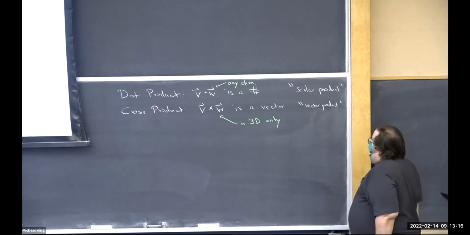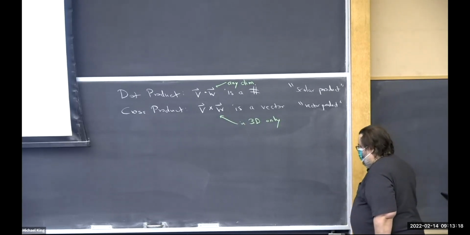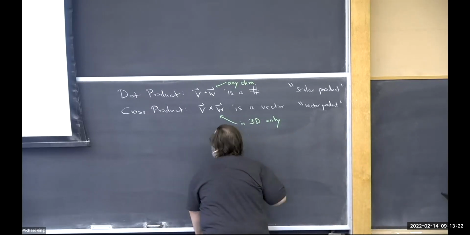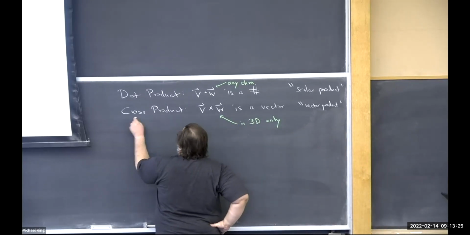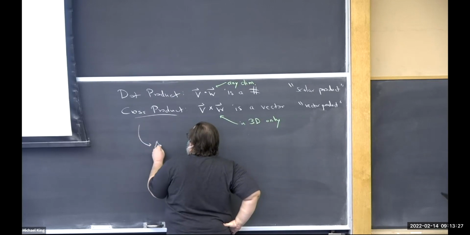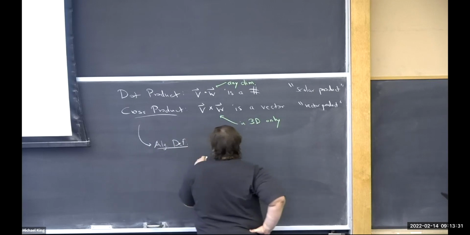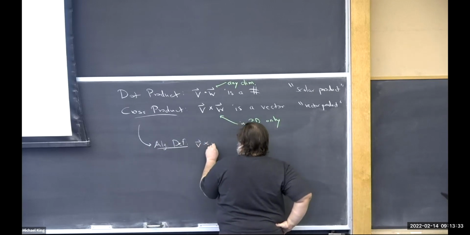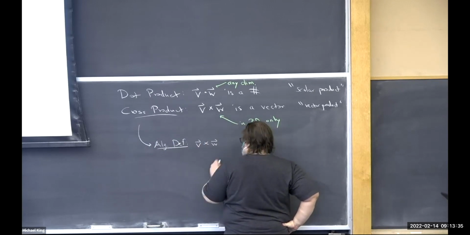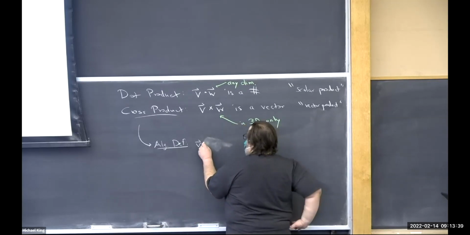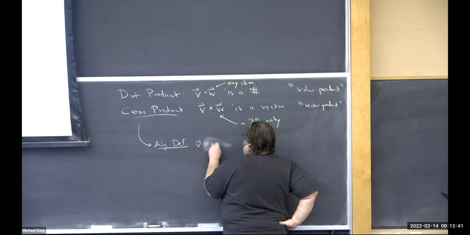Okay, so that's a vector, and then we had this algebraic definition. Maybe I'll just write these again. Remember, I gave it last Wednesday as this 3 by 3 determinant.